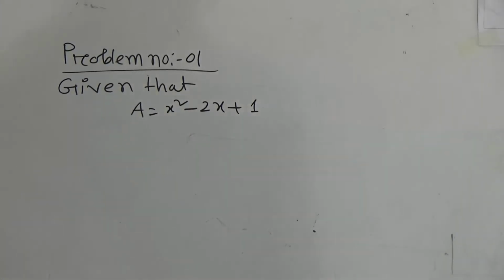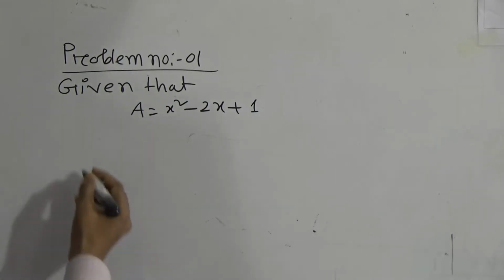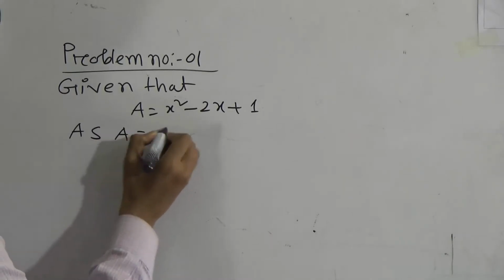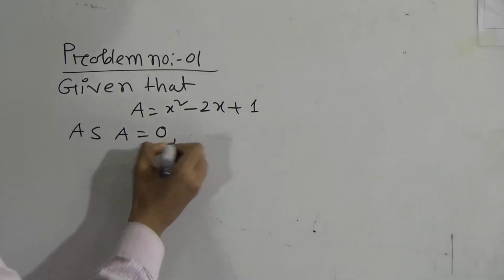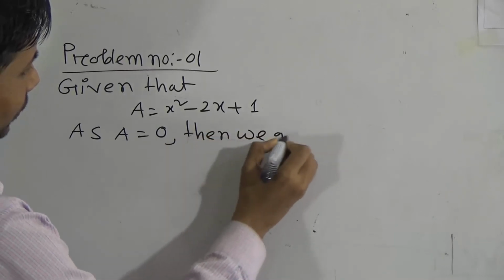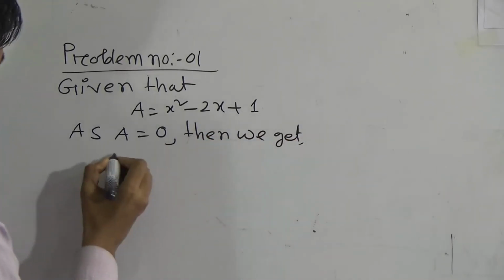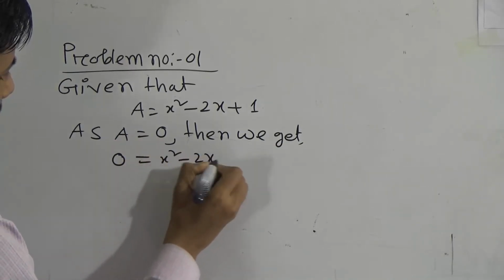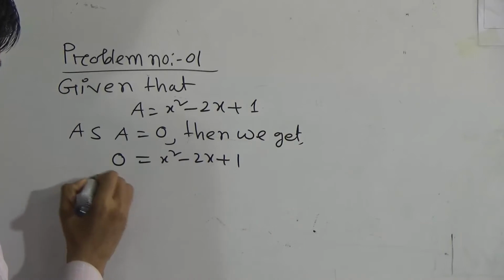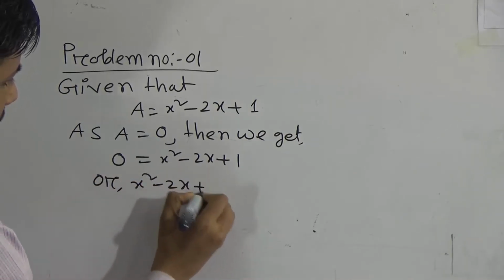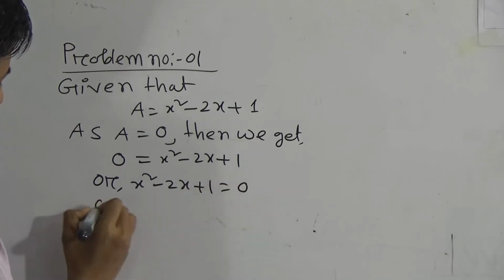Okay? Now write, as A equal to 0, then we get x square minus 2x plus 1 equal to 0.